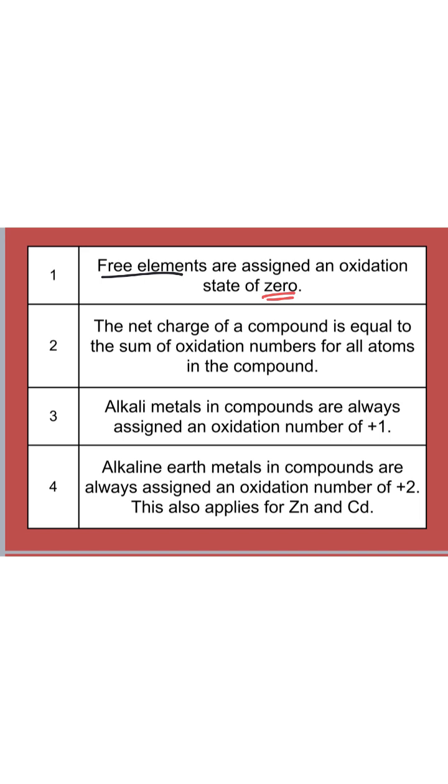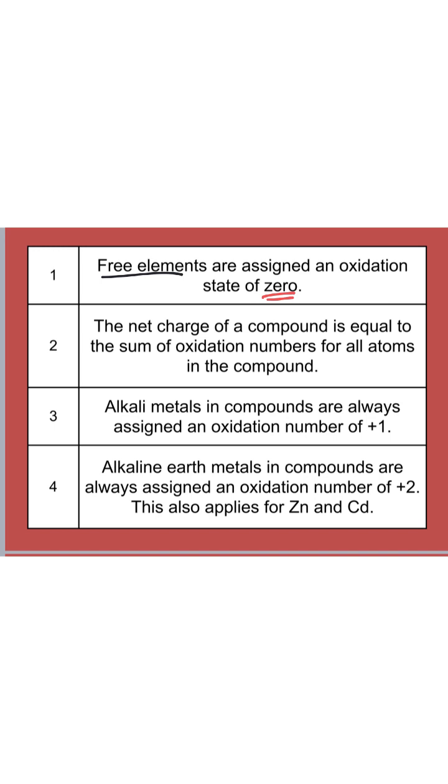However, if I have a polyatomic like ammonium, it's NH4 with a +1 charge. So that means my nitrogen and my 4 hydrogens are going to add up together their positive and negative charges to equal an overall +1. So that's going to help us keep track of things that don't have set rules.